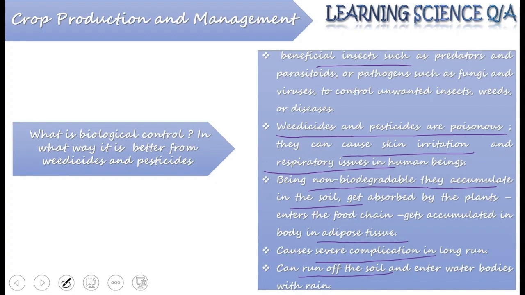At the same time, they do not affect the crop plant, and they are not affecting other animals or humans also. So biological control is surely better than the traditional method of crop protection.